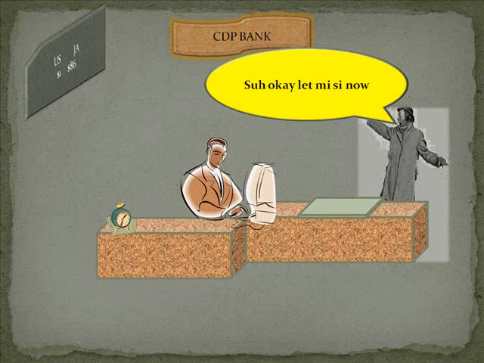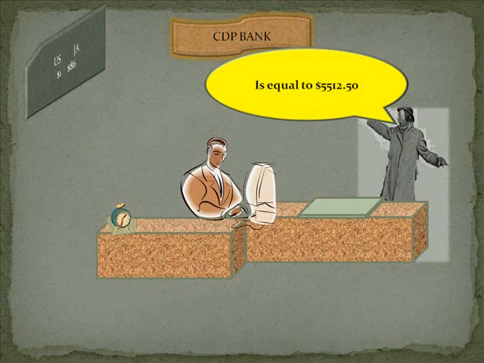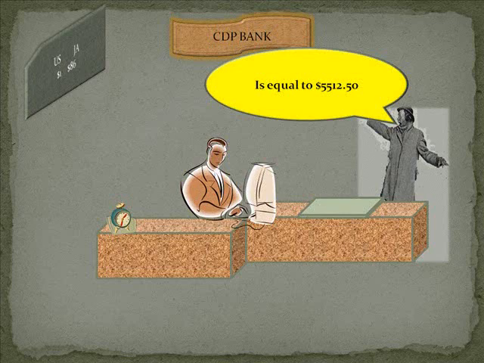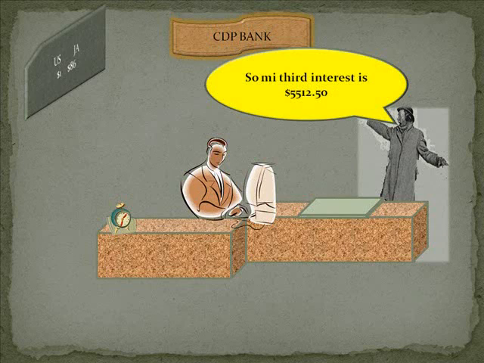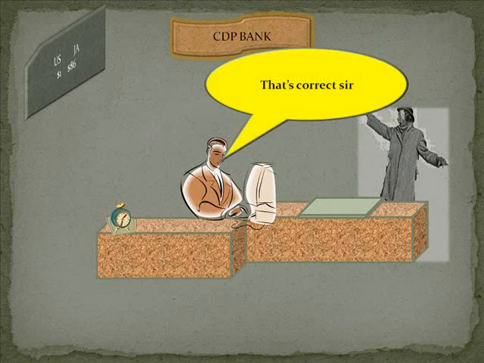So okay, let me see now. $110,250 times 5, and the answer to that I'm going to divide by 100, is equal to $5,512.50. So my third interest is $5,512.50. That's correct, sir.